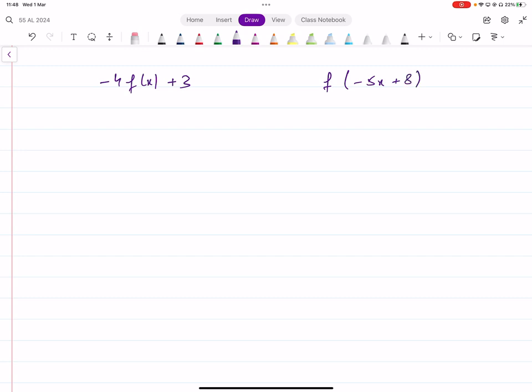You have 3 horizontal transformations here, right? What if you have minus 6 f of minus 2x plus 7 plus 3? You have everything happening here, right? तो दोनों डायरेक्शन में रिफ्लेक्शन भी, स्ट्रेच भी और ट्रांसलेशन भी.